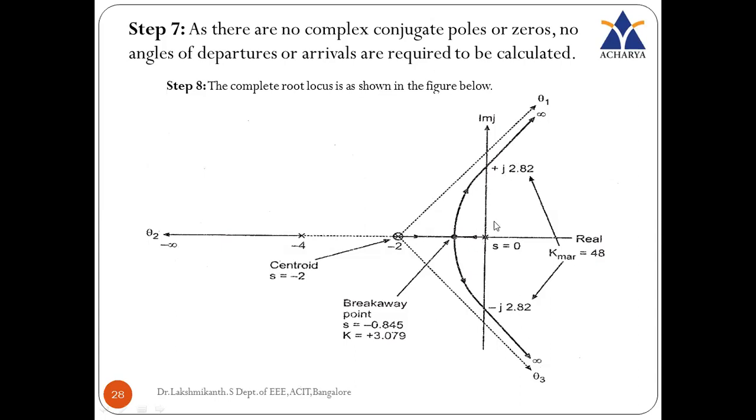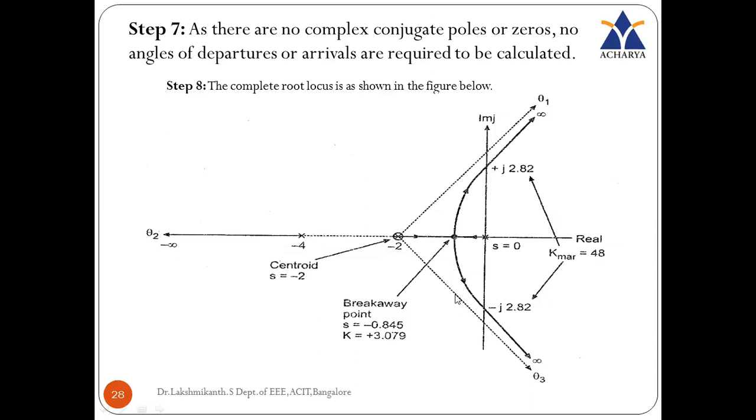It means that at k equal to 48 the system is marginally stable. For k greater than 48 the system is unstable, but for 0 to 48 my system is stable. The condition for the system to be stable is that the root locus should lie on the left half of the s plane. So this portion is the stable region.